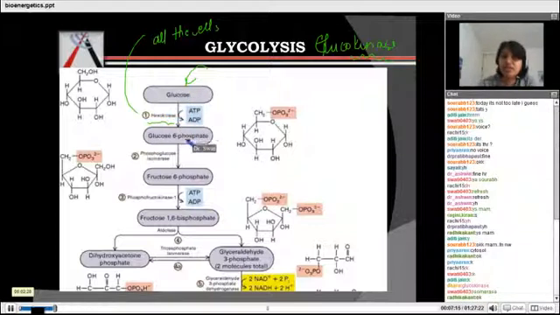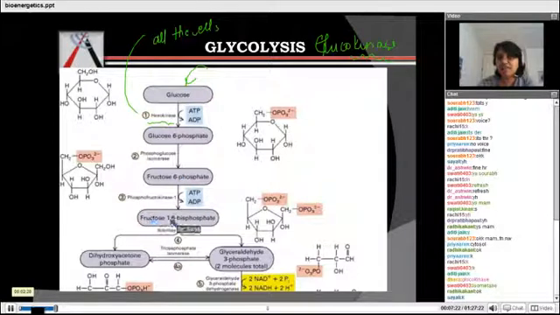Then after glucose 6-phosphate, it is converted to fructose 6-phosphate. Here we use the isomerase. After that, we have fructose 1,6-bisphosphate. Now you see we had used 1 ATP here. Here we have used 1 more ATP. So this is phosphofructokinase 1.